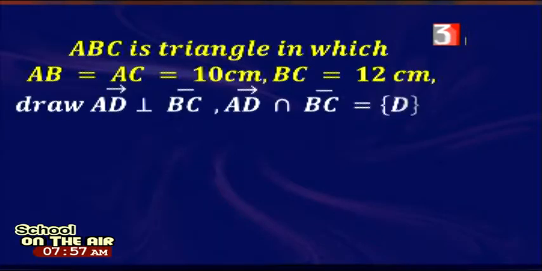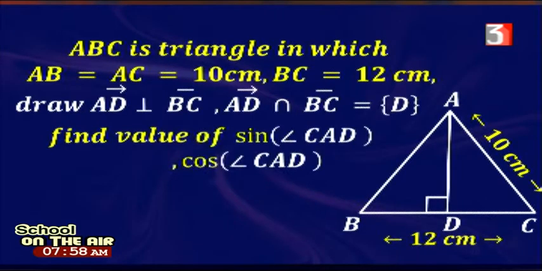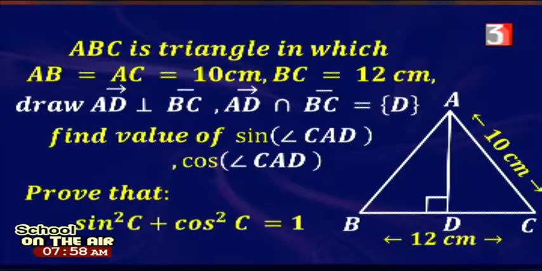Then draw ray AD perpendicular on line segment BC, where ray AD intersects line segment BC at point D. Then find the value of sine angle CAD and cosine angle CAD. Then prove that sine square C plus cosine square C equals 1.